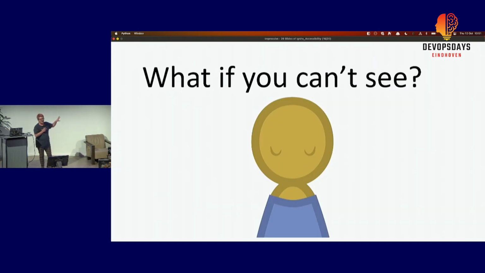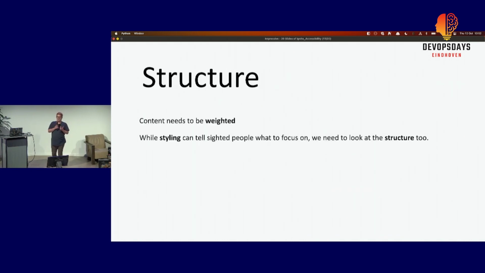I'm also going to quickly jump over to what happens if you can't see at all, if you're blind, if you rely on a screen reader to read out what's on the web page for you. And the easiest way to adapt to that is just use HTML as it is intended. Don't just use divs and divs and divs, but actually make sure that your content is weighted.